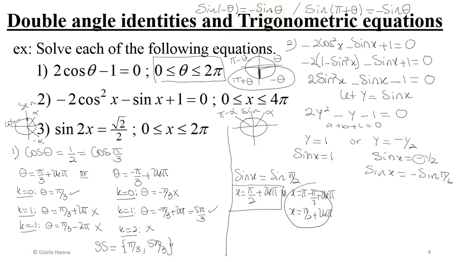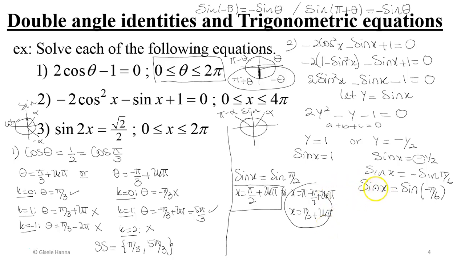You could choose either one. It doesn't really matter which one to choose, because eventually the second one will end up showing anyway. So over here, I'm going to go for this one. It seems easier. So sine of x is in fact sine of negative pi over 6.